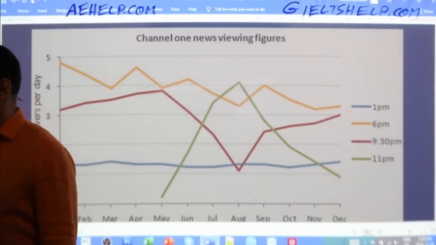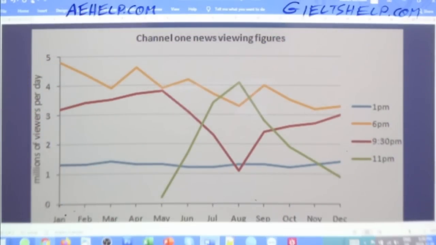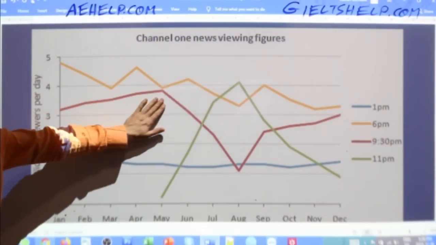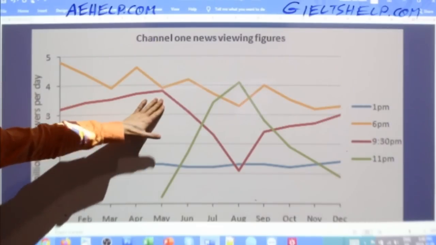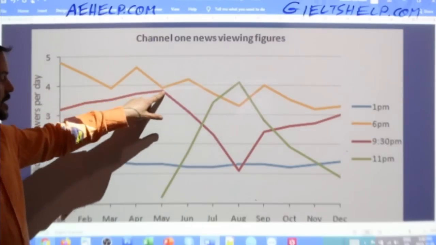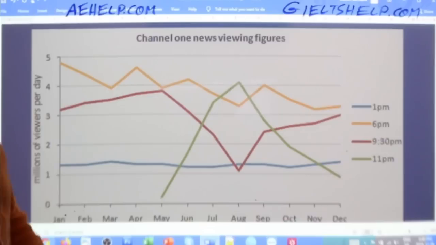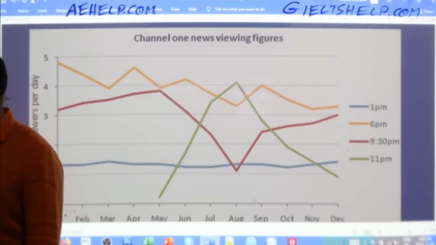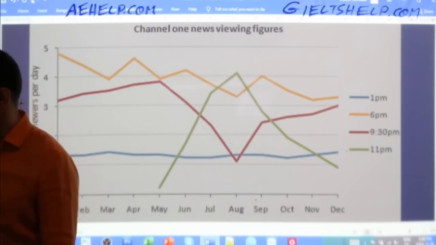All right, so now we get into the next one, the 9:30 p.m., which is 9:30. Okay, so there's different ways to state that. And we have a very interesting trend here. There's a slight increase until about May.